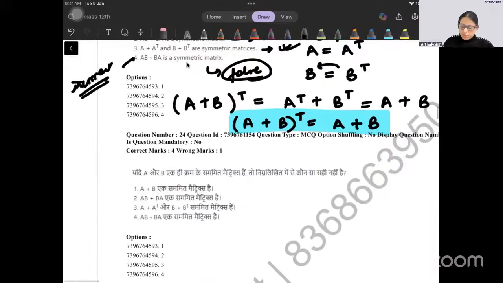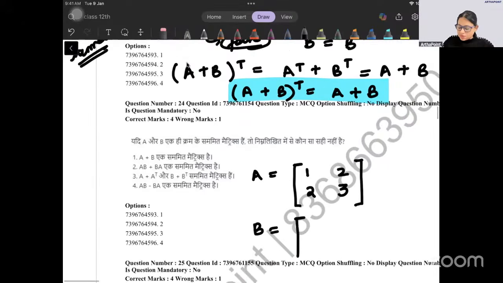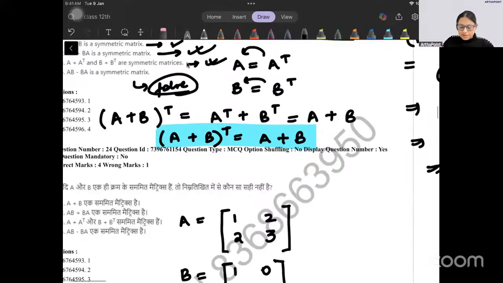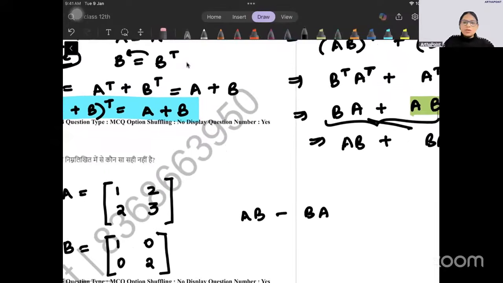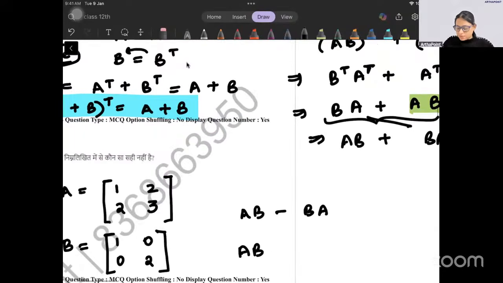As a homework, please try this. Take A as a symmetric matrix. Recently we proved this: what is necessary for a symmetric matrix? The off diagonal elements have to be equal. So you take this matrix 1, 2, 2, 3 and you take another matrix 1, 0, 0, 2 and you find the value of AB minus BA.